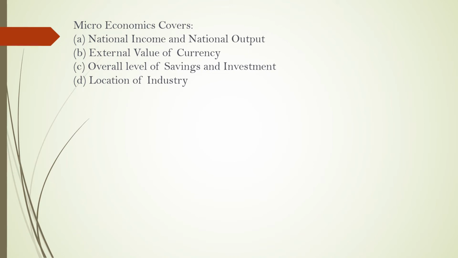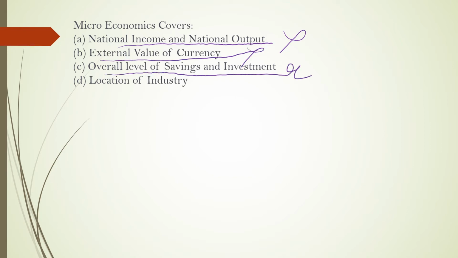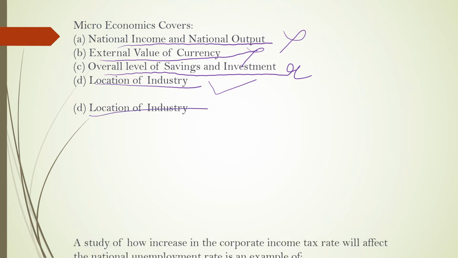Microeconomics covers national income, national output. No, it is macroeconomics. External value of currency, macro. Overall level of savings and investment, macro. Location of an industry. So microeconomics covers location of industry.